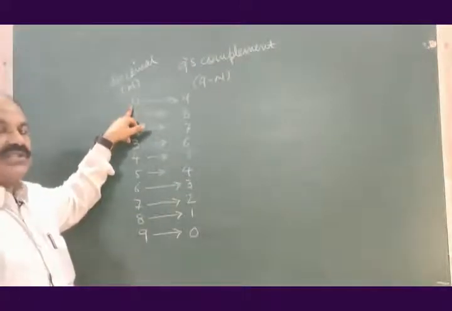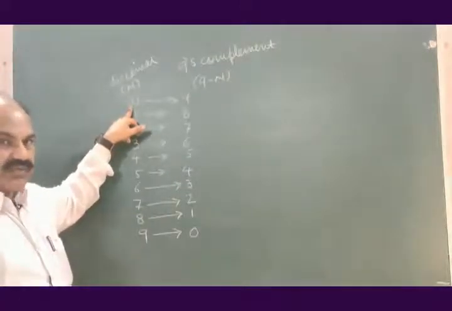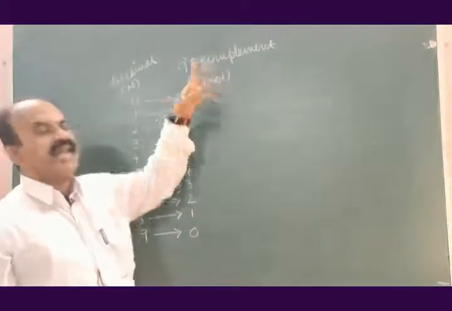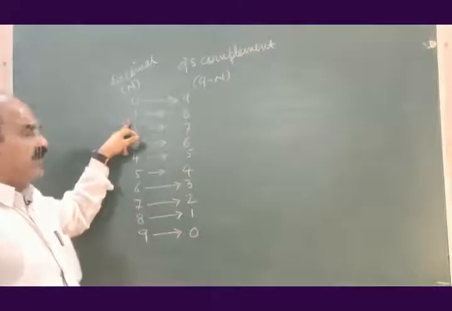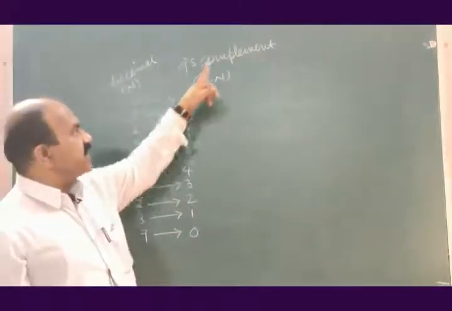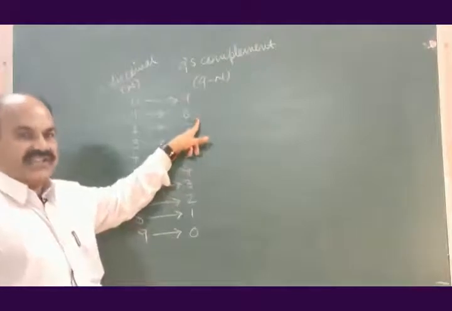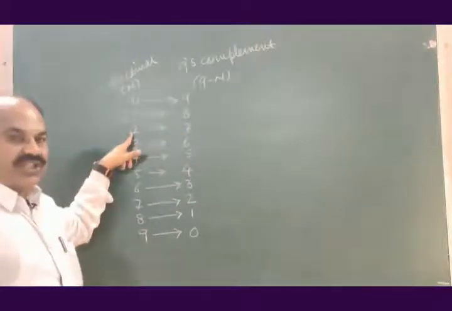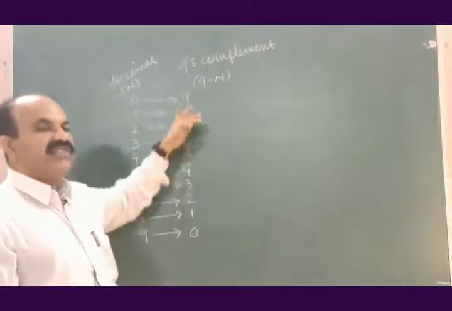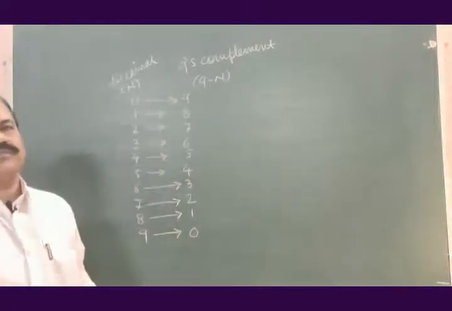If 0 is taken as positive, its negative representation in 9's complement will be 9. If 1 is positive, its negative representation in 9's complement will be 8. If 2 is positive, its negative representation is 7, and so on.